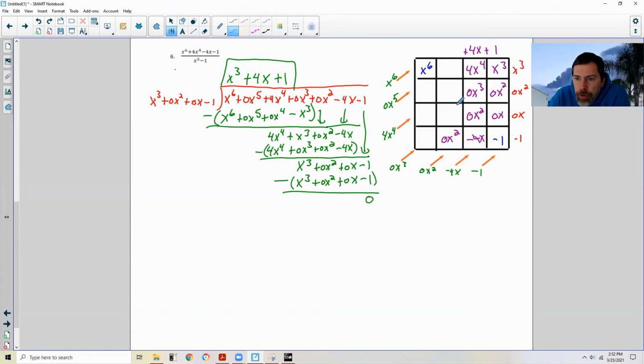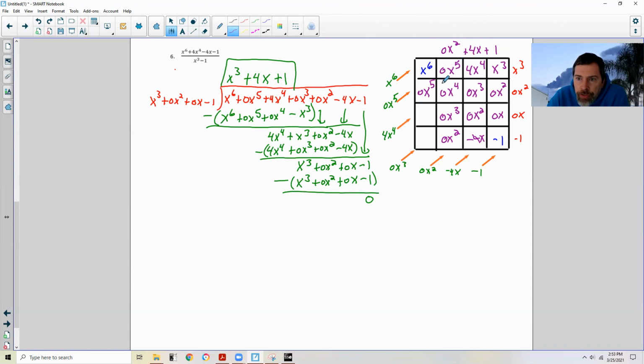Negative 1 times 0x squared is 0x squared. 0x times 0x squared is 0x cubed. 0x squared times 0x squared is 0x to the 4th. X cubed times 0x squared is 0x to the 5th. So I need a 0x to the 5th here, because 0 plus 0 gives us that.